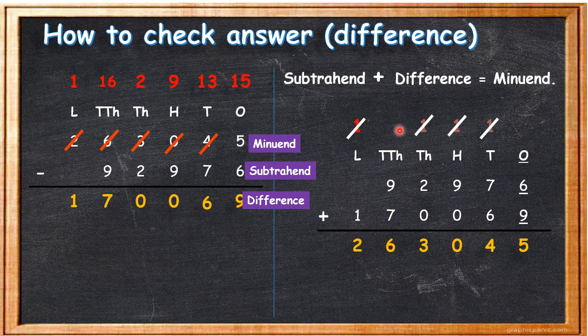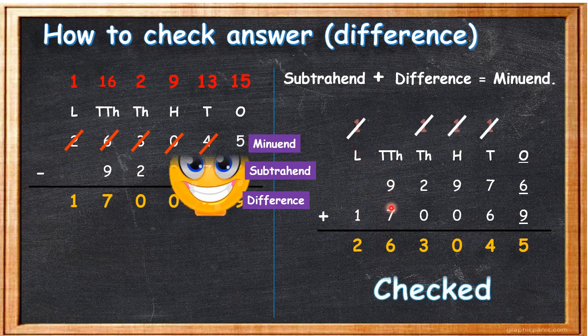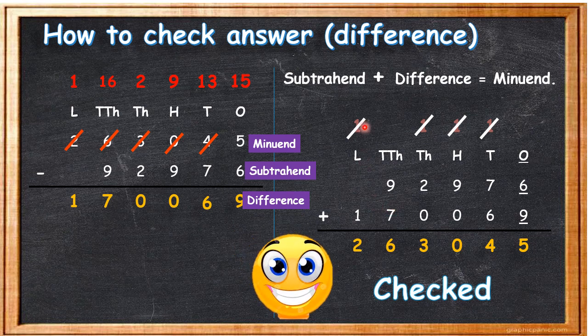No carryover, so nothing is here. Now add the 10,000's column. 9 plus 7 is what? 16. 6 I'll write in the 10,000's column and 1 I'll give to the lakhs column. So now add the lakhs column. 1 plus 1 is what? 2.